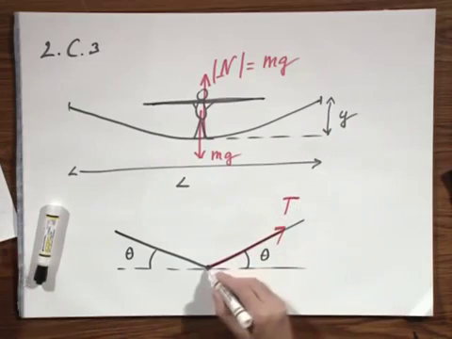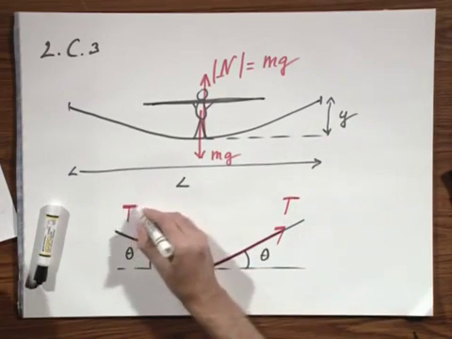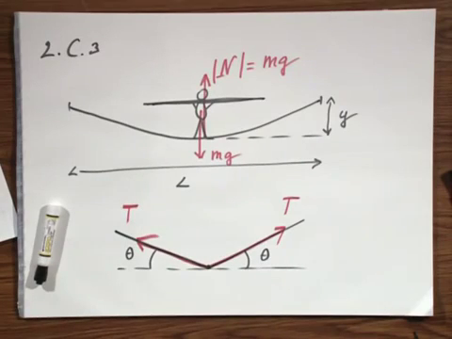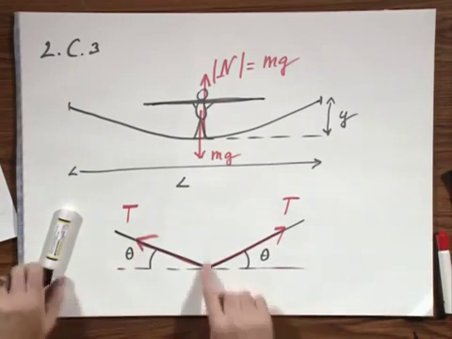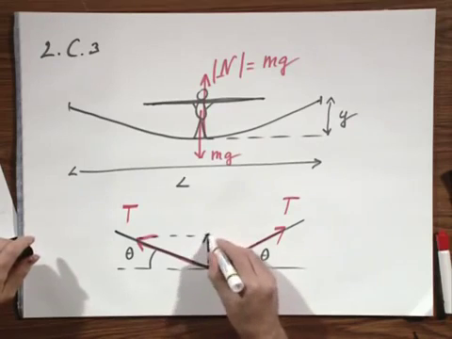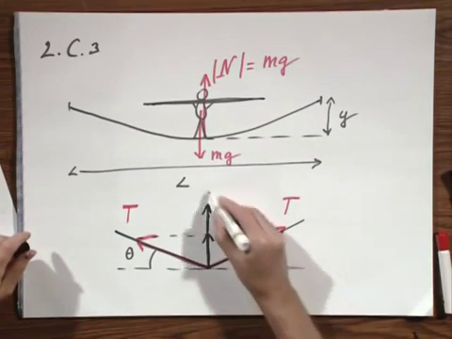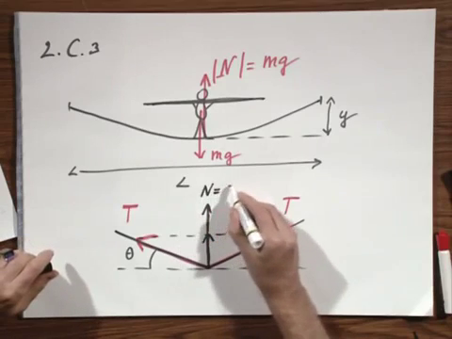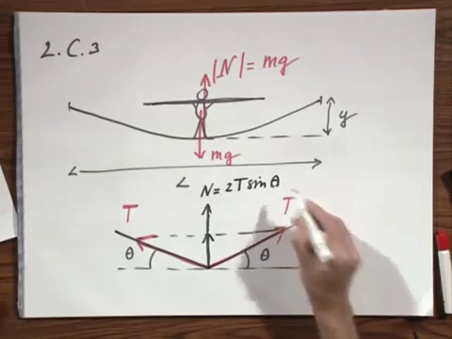T stands for tension, and here there is the same force to the left. And what is the net force of these two? The horizontal components cancel. The vertical component is this force plus this force, and the net force vertical N equals 2T times the sine of theta.